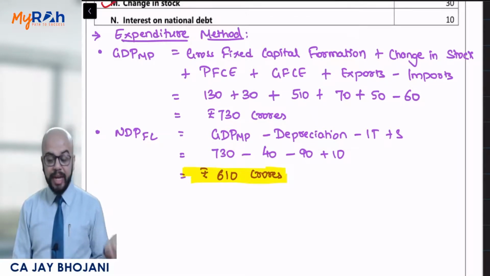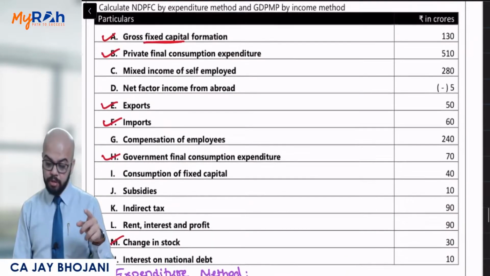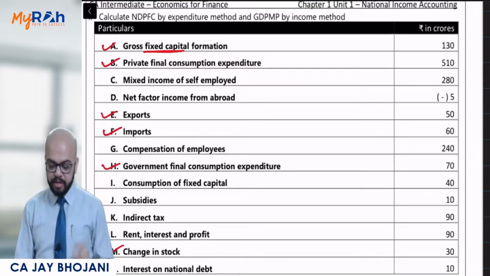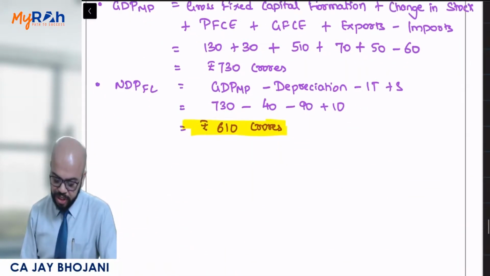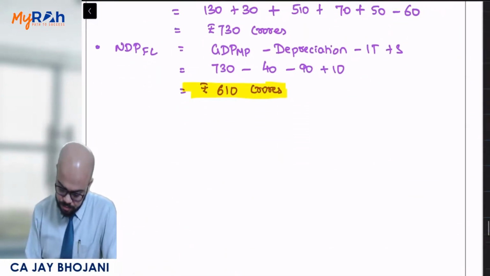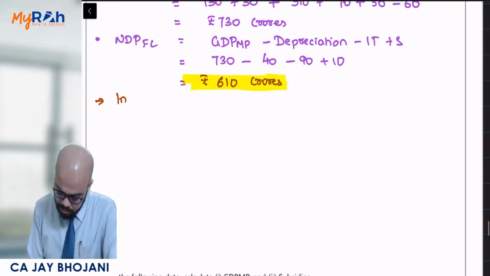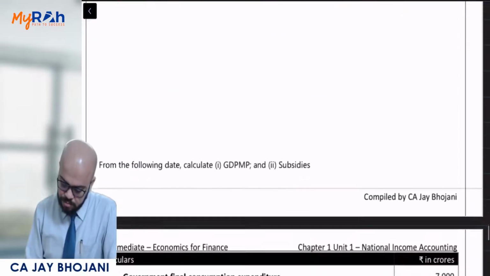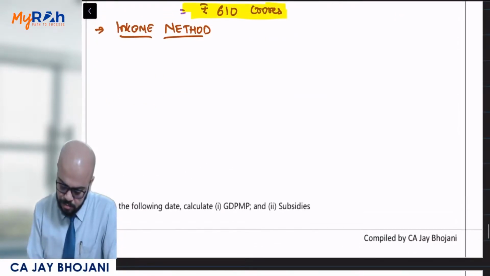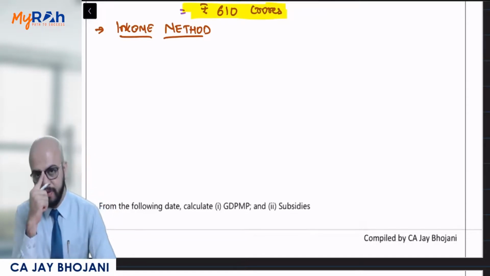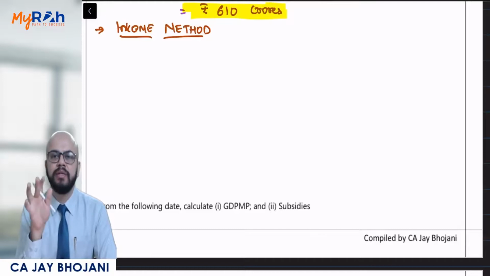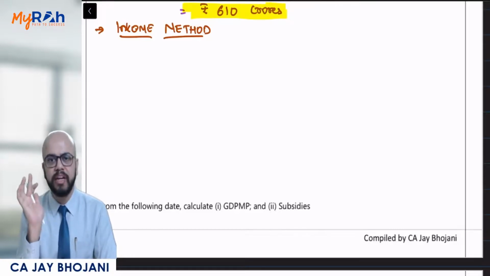Now, using income method, we want to find out GDP-MP. So let's do that. The default calculation of the income method will give us NDP-FC, so first let's find out NDP-FC by income method.